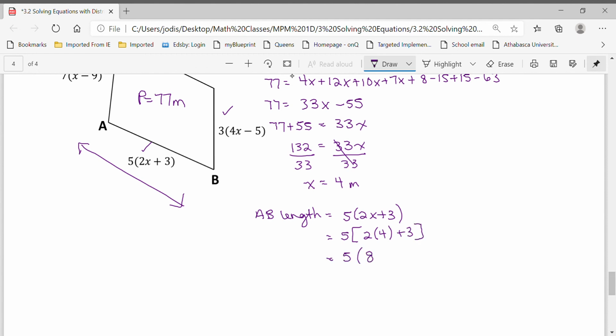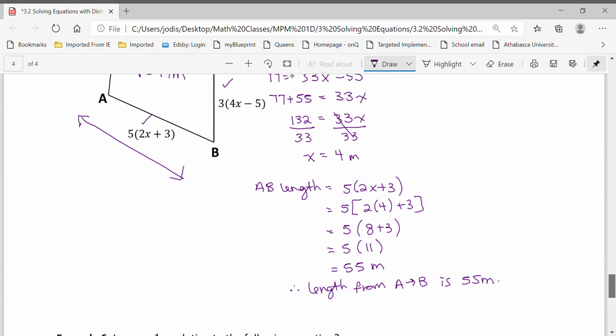So 2 times 4 in the brackets is 8 plus 3, and 8, 9, 10, 11. So this is 55 meters, right? Don't forget our units. So then, therefore, length from A to B is 55 meters.